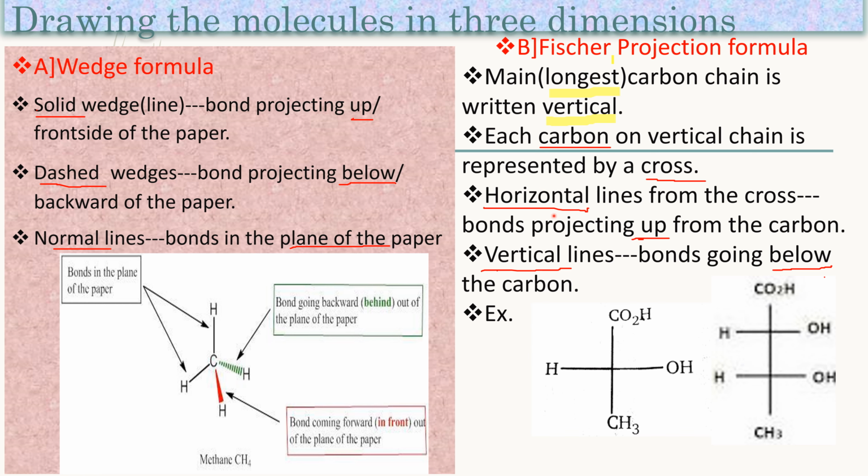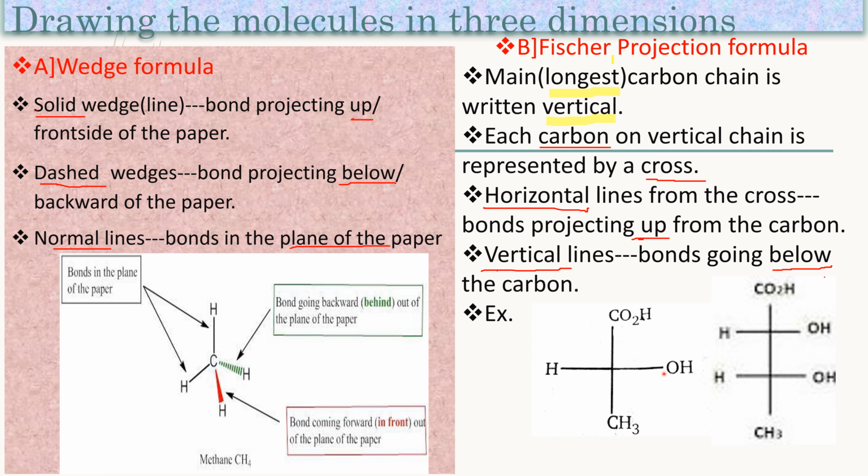Then the horizontal lines from the cross are the bonds projecting up from the carbon. Let's say this is the cross point, here is one carbon atom. So the horizontal lines, this C-OH bond and this C-H bond, are the bonds which are projecting up from the carbon, that is, in the upper plane of the paper.